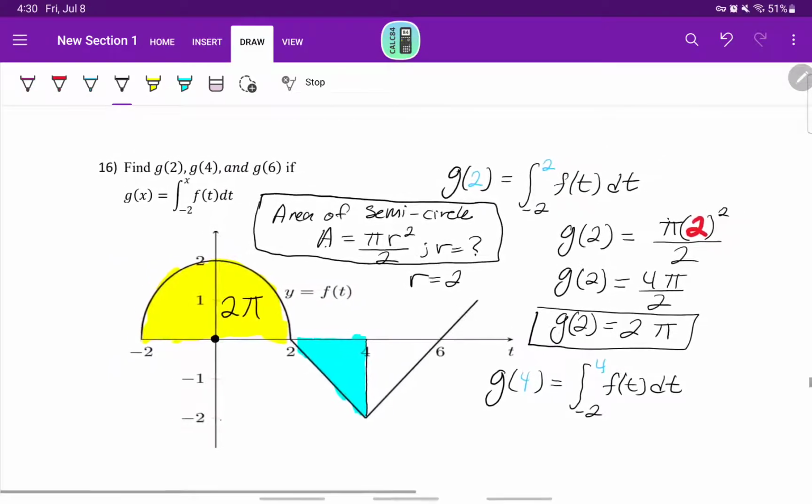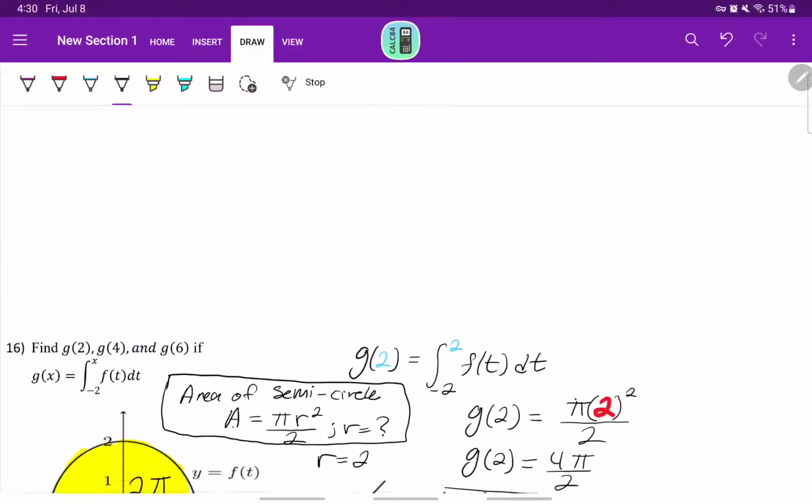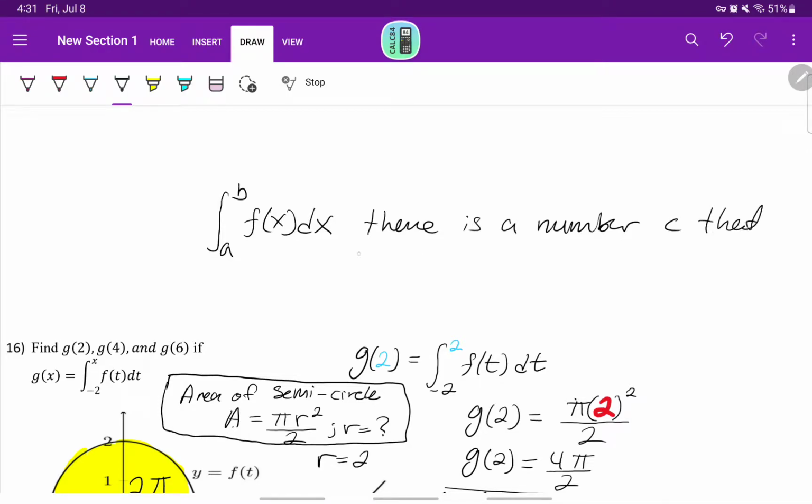So I'm going to zoom out and rewrite this. And remember, I taught you how to break this up. There's a rule for integrals. Suppose we have the integral going from a to b of some function f of x dx, and let's say there is a number c that is between a and b.